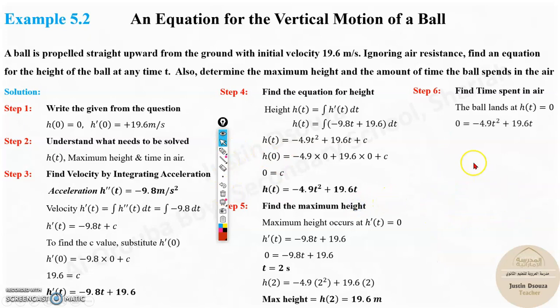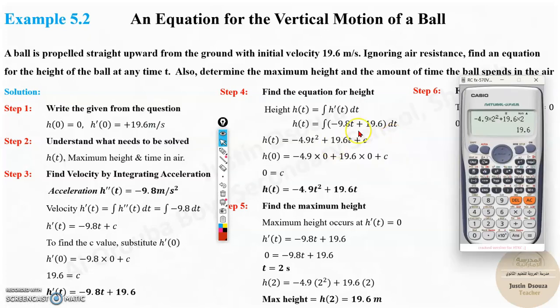So what we do over here is make the equation h of t equal to 0. Make it equal to 0, and then we will solve it. How do we solve this? It'll be minus 4.9 t squared plus 19.6 t, right? It's a quadratic equation with one side equal to 0.